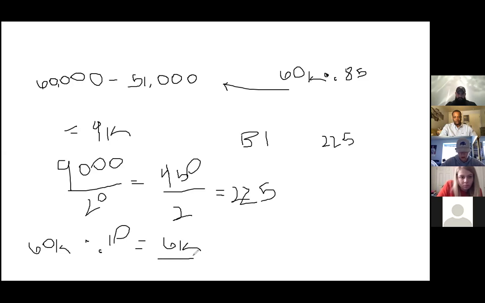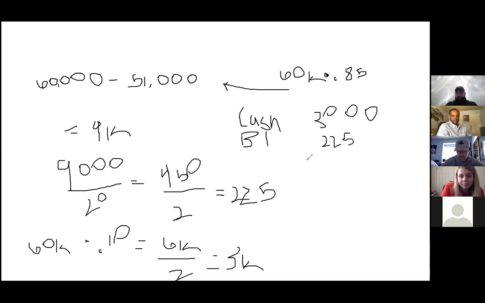But you still have to remember this is a semi-annual bond, so you have to divide this by 2 to get 3,000. So this is what you debit your cash for. Cash, 3,000. And then you just add these up, and you have to make sure your debits equal your credits.